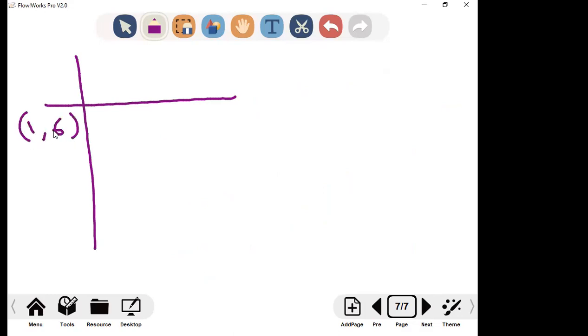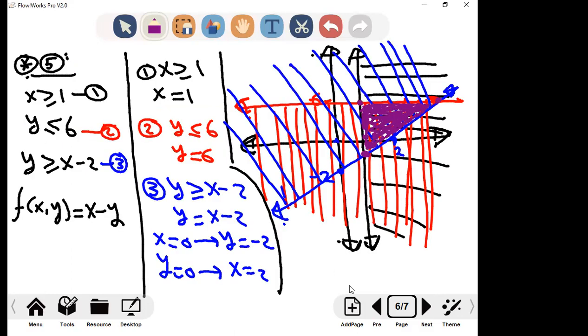Okay, the second point. Focus with me, you can find it mentally. This one here, see this one? This x is how much? 1. Is this y 2? No, it's not 1 and 2.